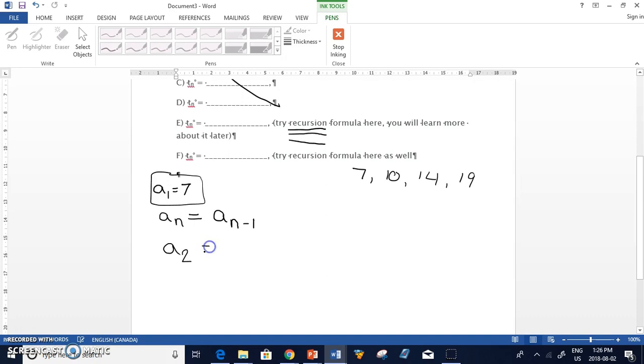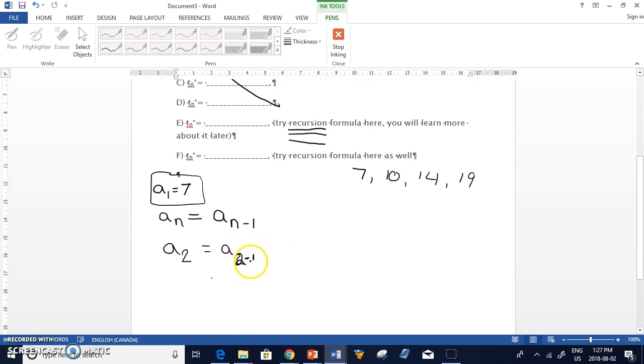Then I want to figure out A2 in reference to the previous term. So that means n is 2, 2 minus 1, right? See there, I lost something there. 2 minus 1 will be A1, and we'll be able to go for our value of 7.